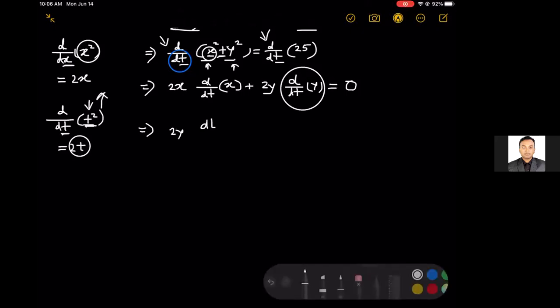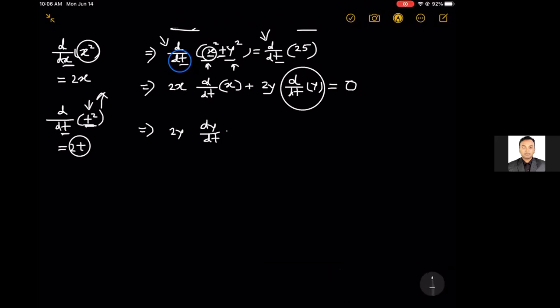If we isolate dy/dt, we'll change sides for this, so it will become negative 2x dx/dt. I'm just adding a negative of this to both sides to isolate it. That's why I have a negative on my right.